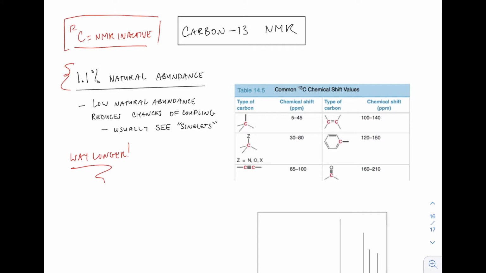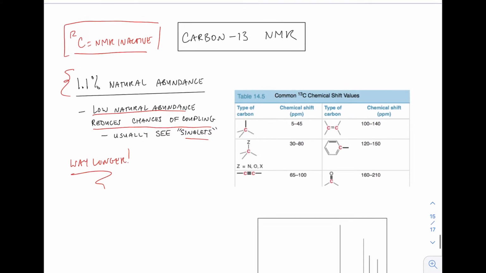One thing that's very different, though, is that the low natural abundance of the carbon 13 isotope reduces the chances of coupling, because we really need a carbon 13 next to a carbon 13 in order for coupling to occur, and that's not as likely as having two protons next to each other, which are almost 100% natural abundance, right? So that means we usually just see singlets in our carbon NMR.